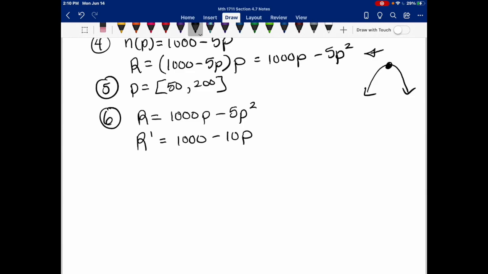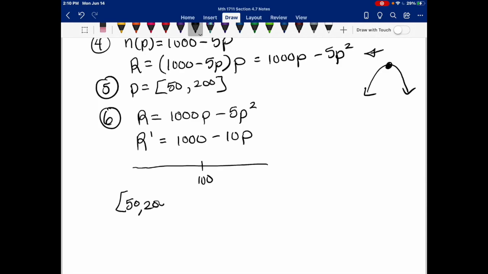Now, since the derivative itself is a polynomial, there's not going to be any places that the derivative is undefined. However, there is a place in which the derivative would be 0, and that would be at P equal to 100. If I plug in P as 100, I'm going to get 1,000 minus 1,000, which is 0.